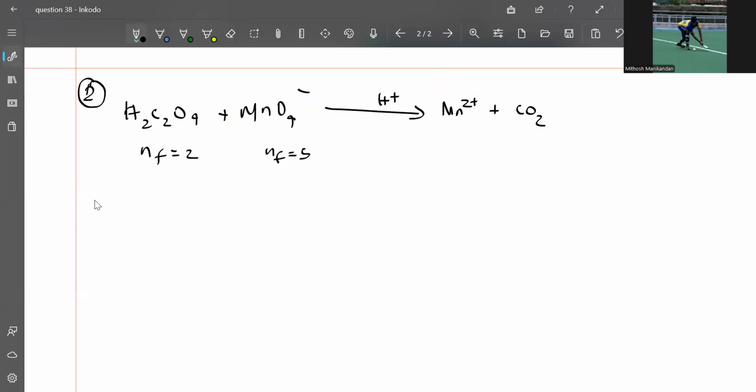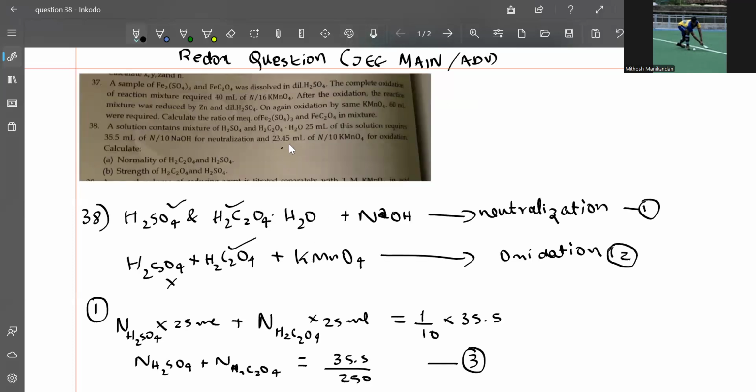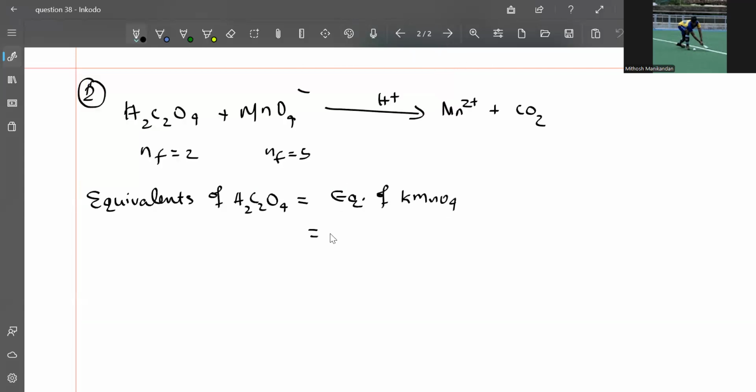So the equivalents of H2C2O4 should be equal to the equivalents of KMnO4. The equivalents of KMnO4 are 23.45 into 1 by 10, so 23.45 multiplied by 1 by 10 milli equivalents.